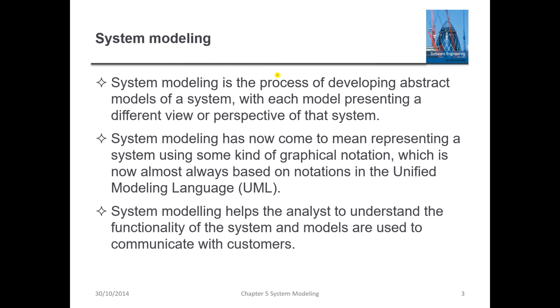System modeling is the process of developing abstract models. Abstract means that it's a general structure of a system, with each model presenting a different view or perspective of the system.